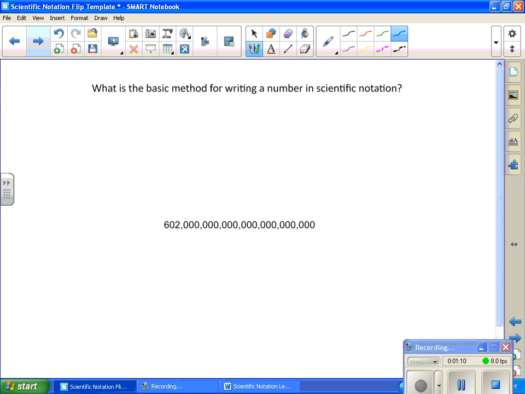So what is the basic method for writing a number in scientific notation? Each value can be expressed as the product of two numbers. And by product, I mean you have to multiply these two numbers together. The first number we call the coefficient, and I'm going to use m to represent the coefficient.